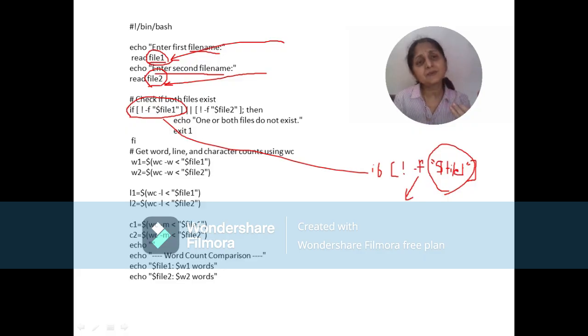For example, say we have a file called myname.txt. So we are checking if hyphen f myname.txt, that means we are checking whether the myname.txt file exists or no. If the file exists, we are very happy, and then we are going to calculate the number of lines, number of characters, and number of words from that file.